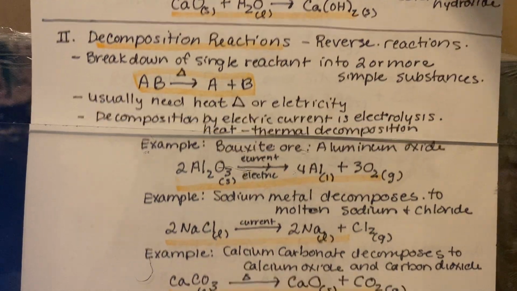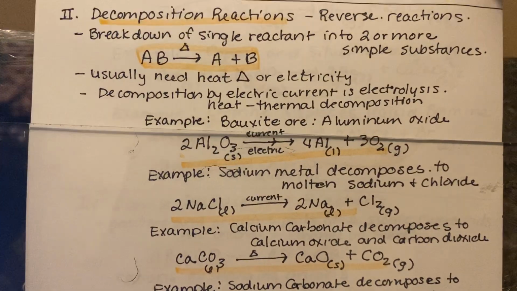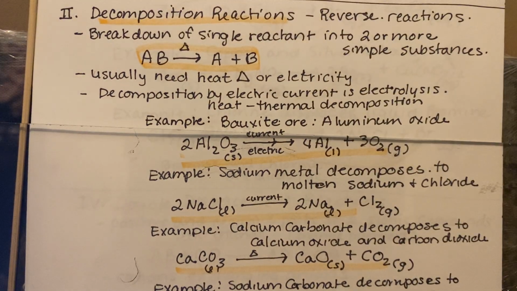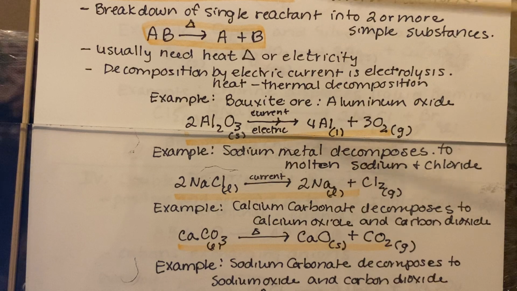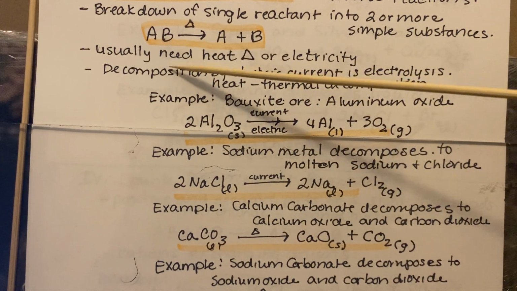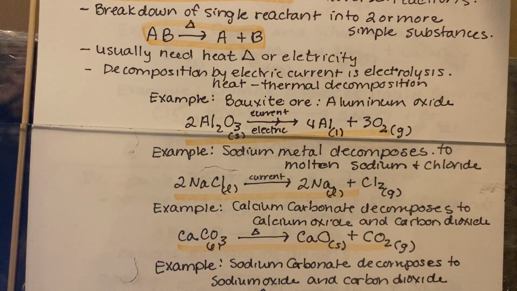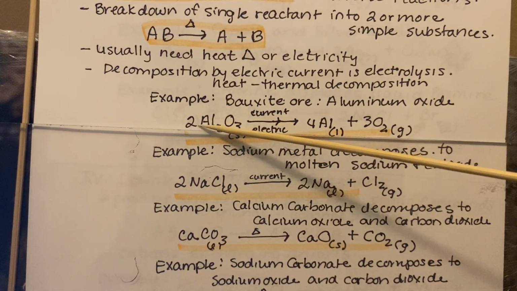So decomposition by an electric current is called electrolysis, meaning an electric current was provided. So here we have an example. Here is bauxite, and it's going to form aluminum oxide.